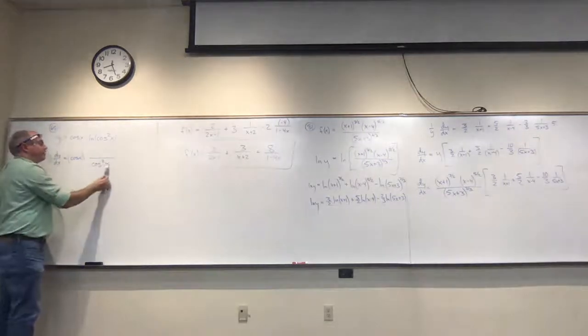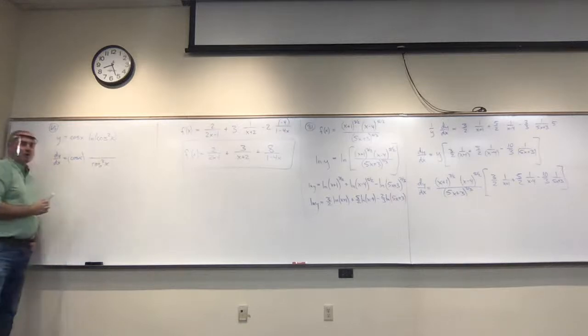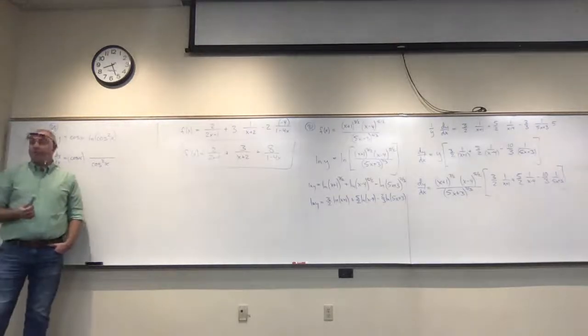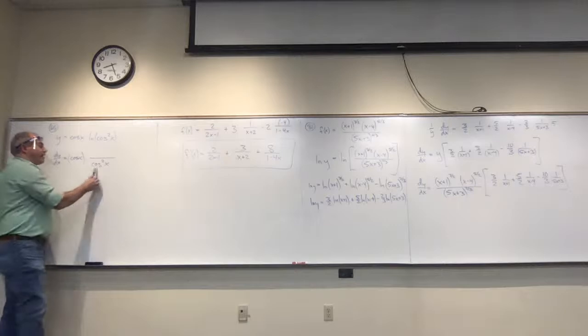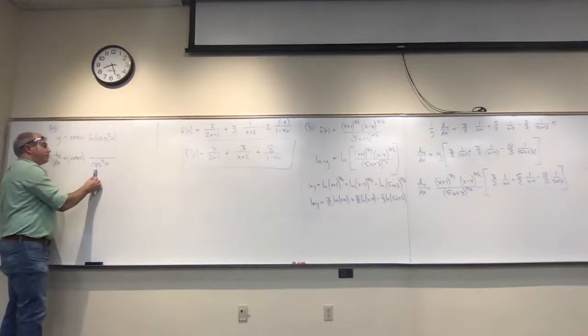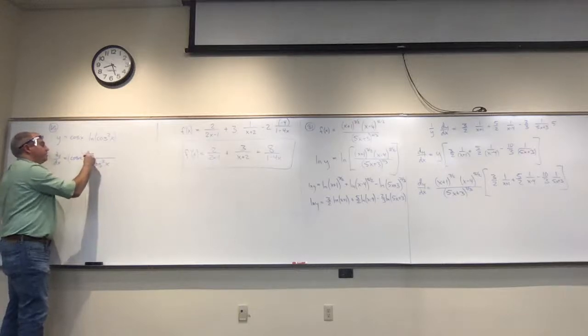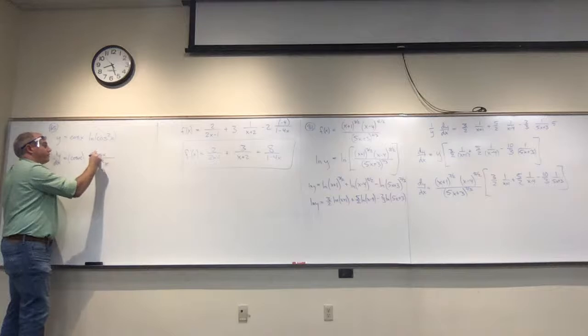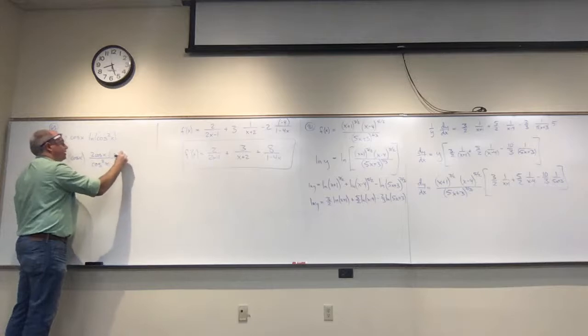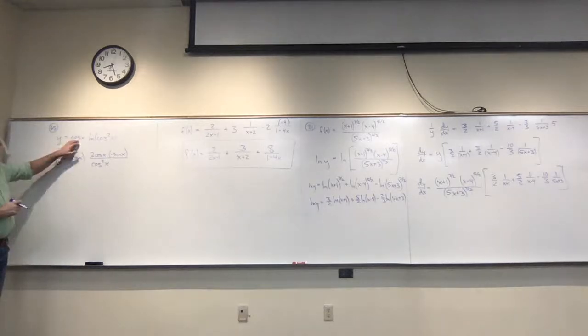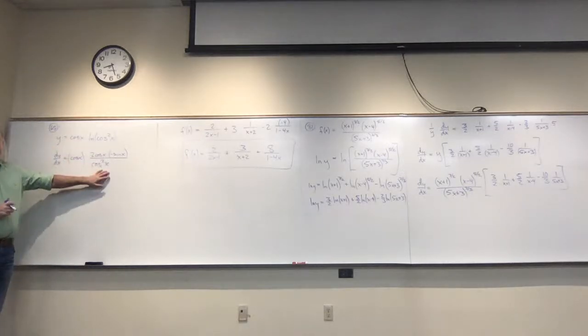So I could put the derivative of cosine squared of x on the top if I wanted to. So what is the derivative of cosine squared of x? Well, I suppose that's a chain rule problem. So the last thing that happens is the square. So the derivative of cosine of x squared is 2 cosine of x to the first, times the derivative of cosine of x, which is negative sine x. So that's the first times the derivative of the second. Are you with me? So far, so good.